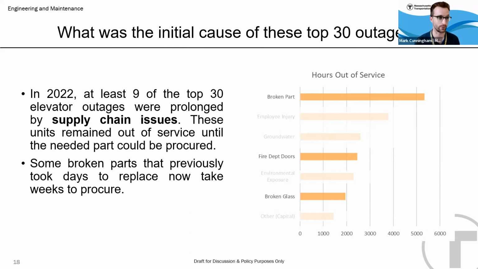And during the time that we wait for these parts, these elevators sit out of service. So on the right-hand side, I have the same bar graph from the previous slide. On this slide, I have highlighted broken part, fire department doors, and broken glass, which all had some aspect of supply chain issues. Next slide, please.